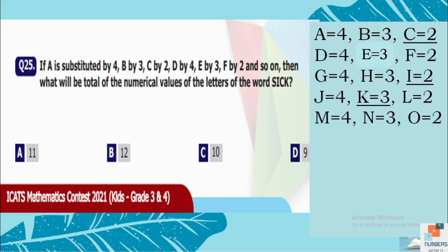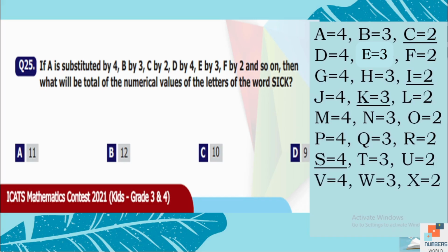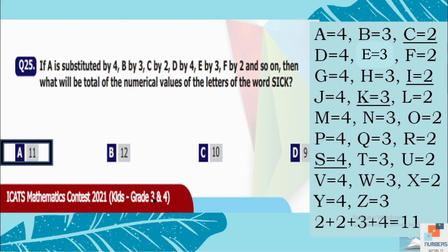Similarly, we will continue the pattern. We may write it, otherwise you can do it mentally as well. It's totally up to you. So here the word sick. S is equal to 4, I is equal to 2, C is equal to 2, and K is equal to 3. So we are going to add these numbers. The total is 11. So A is the correct option over here.